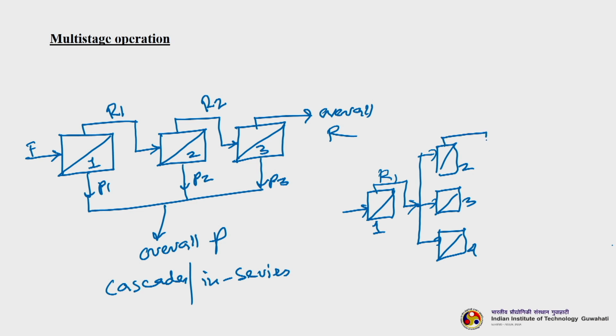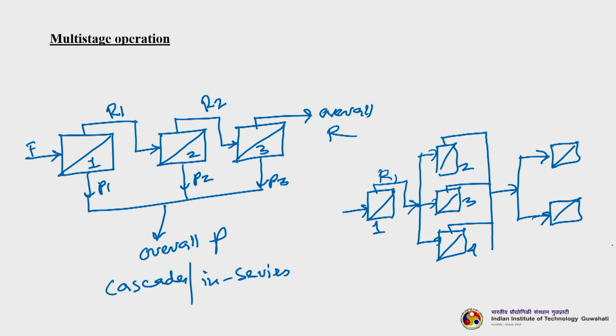Now, their retentate will be collected and again fed to cross flow systems, right. So, this is how it happens. Then the permeates will be collected. So, this is the permeate, right, and this actually goes on.